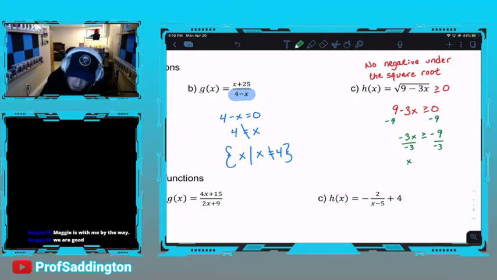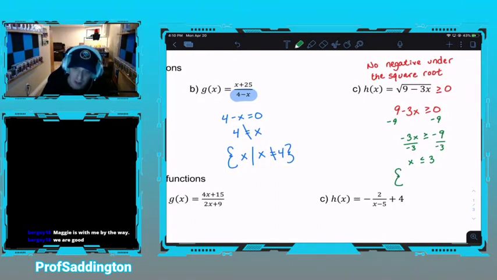So this is going to become x is less than or equal to 3. So again, I'm just going to put in a squiggly bracket. So I have x such that x is always going to be less than or equal to 3. And we're done.